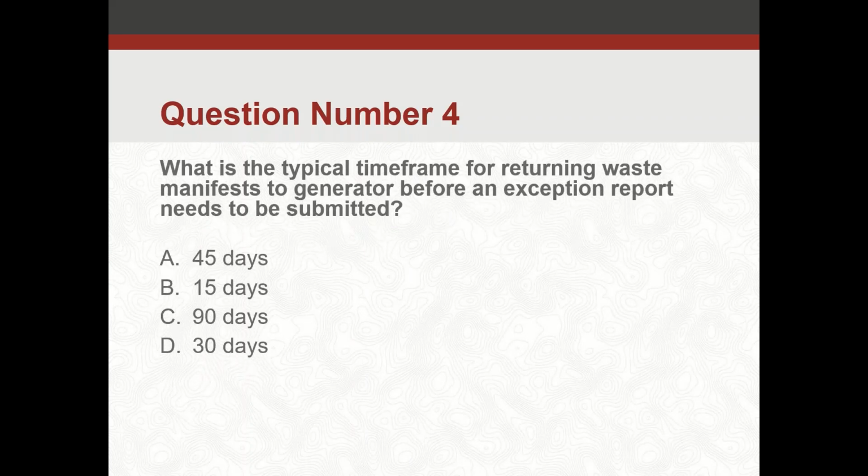All right, question 4, what is the typical time frame for returning waste manifest to generators before an exception report needs to be submitted? The answer today is 45 days.